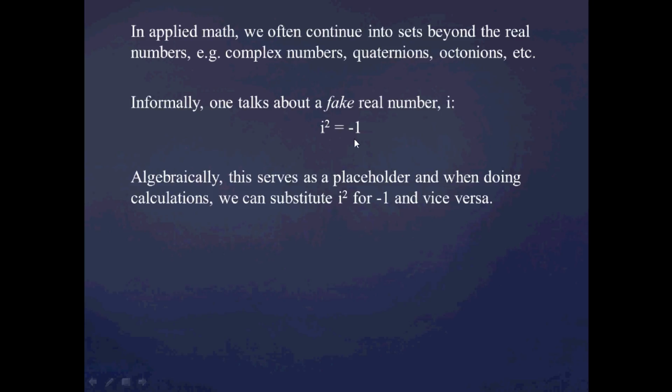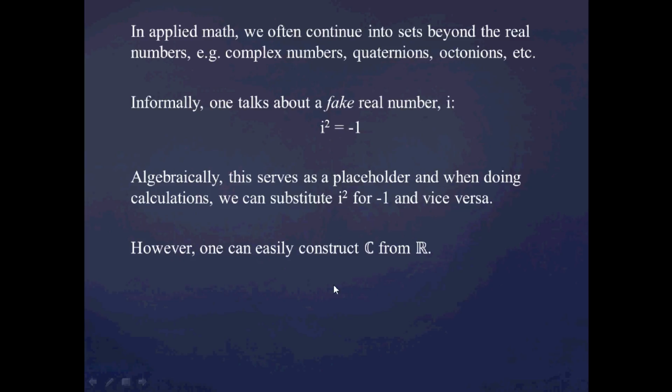But essentially what we're doing here is we're supposing that such an object exists, and algebraically it's going to serve as a placeholder when doing calculations. That's to say that whenever I see the quantity i squared, I can replace that with -1, and vice versa. Whenever I see -1, I can replace that with i squared. So it's serving an algebraic function more than serving as an actual real number that squares to -1.